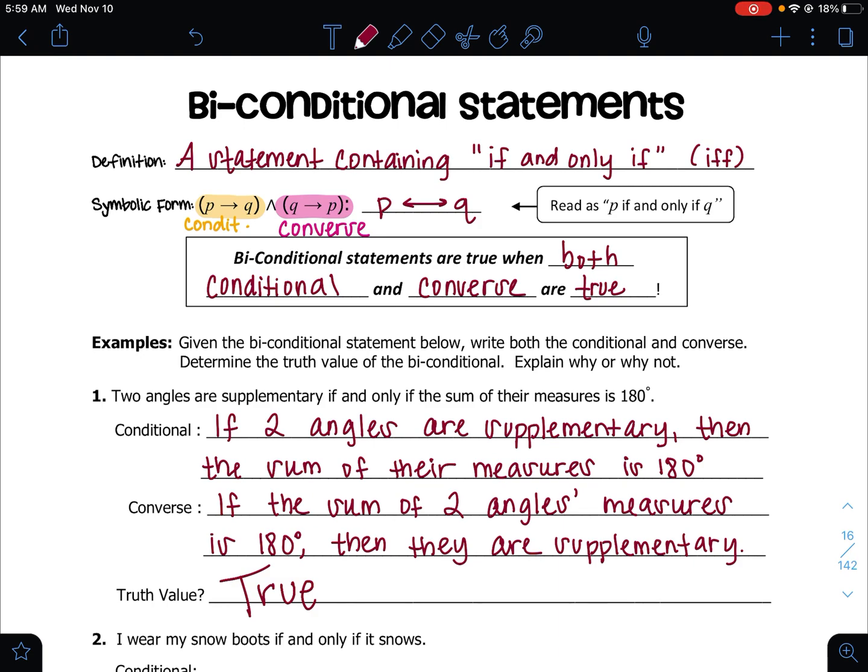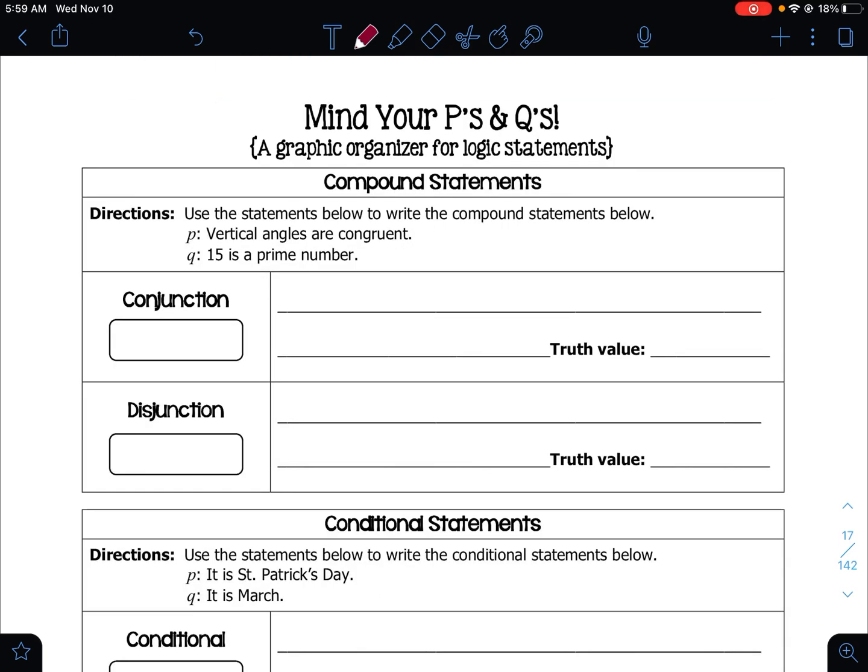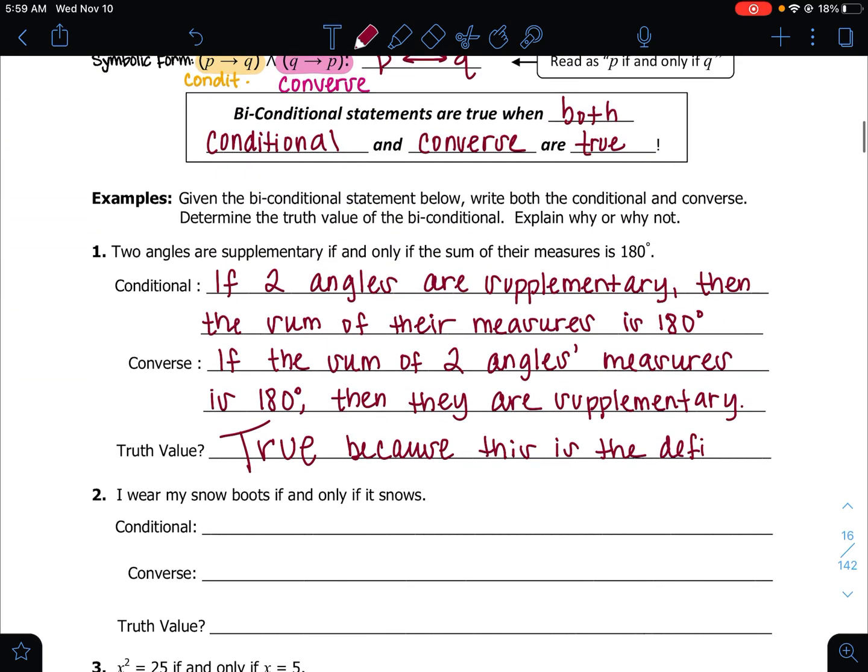We know that it's true because this is the definition of supplementary.